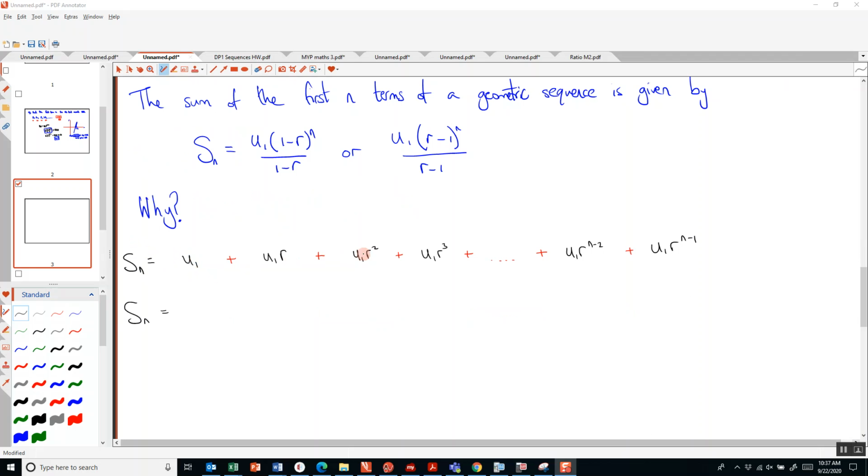We're going to take every single term and multiply it all by r. So I'm going to multiply the whole sum by r. I multiply u1 by r, I get u1r. I multiply u1r by r, I get u1r squared.